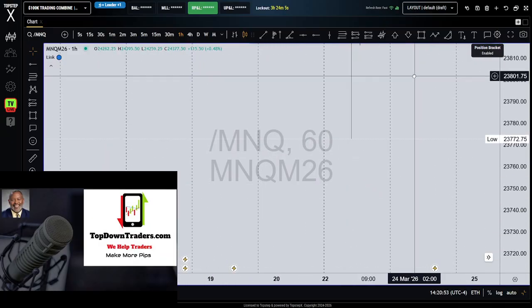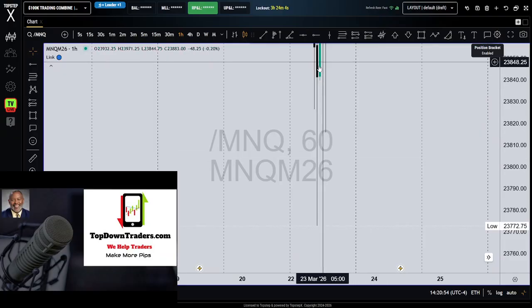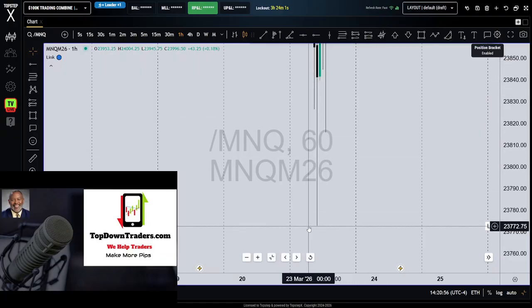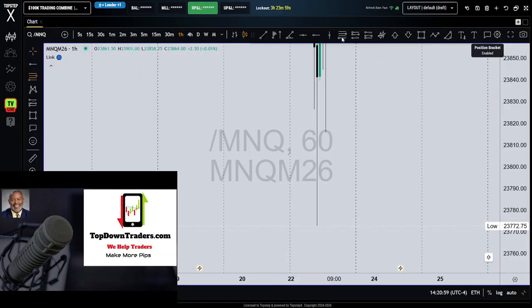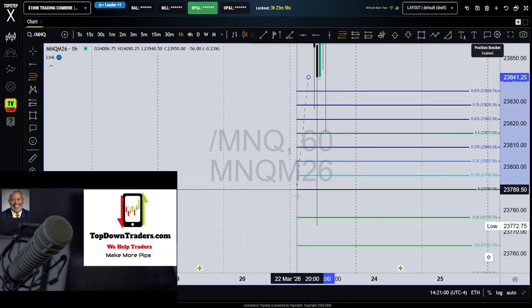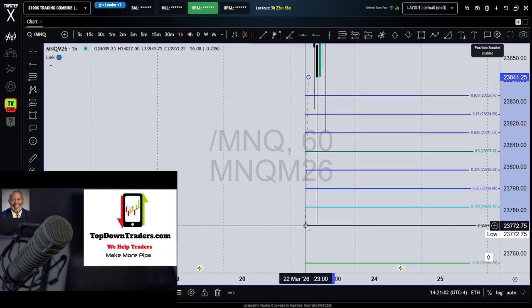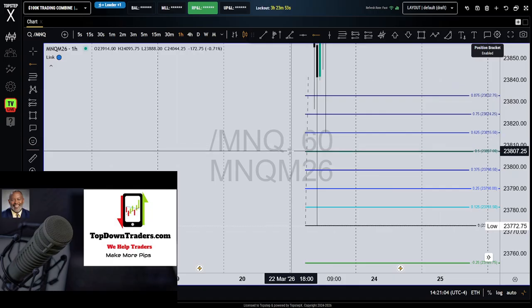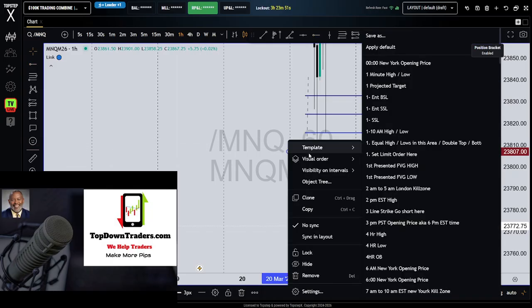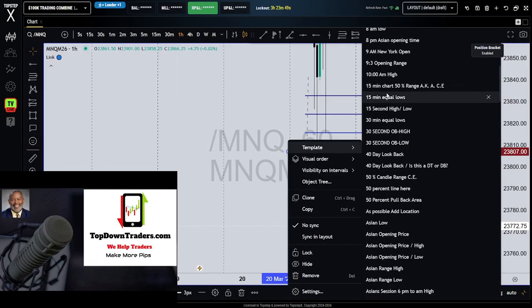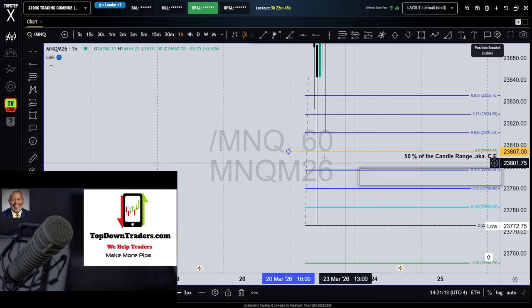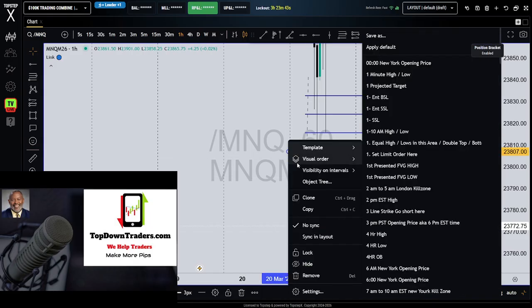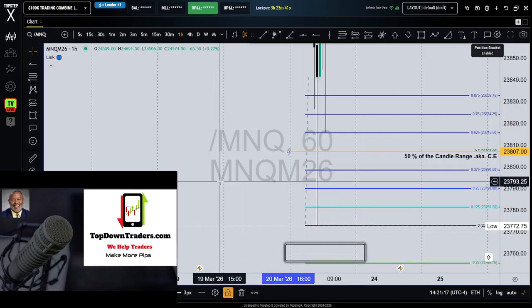Hold on a second. Wow. See this long wick right here? I'm going to measure that, and I'm only going to use half of it. So I'm going to call this here 50% of the candle's range, aka something I need to lock in, okay?